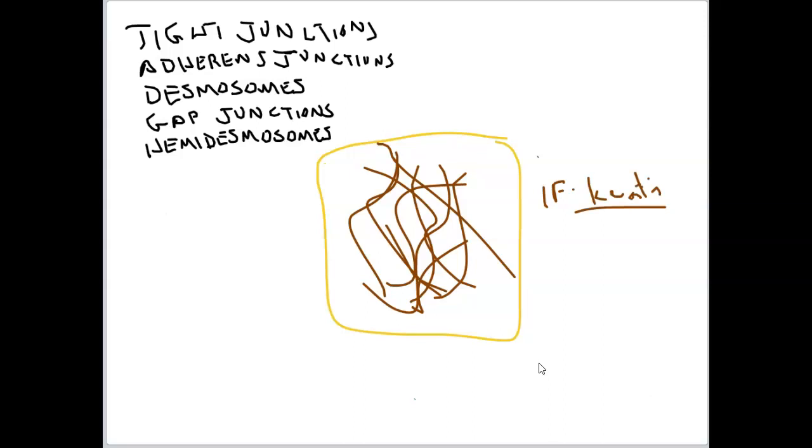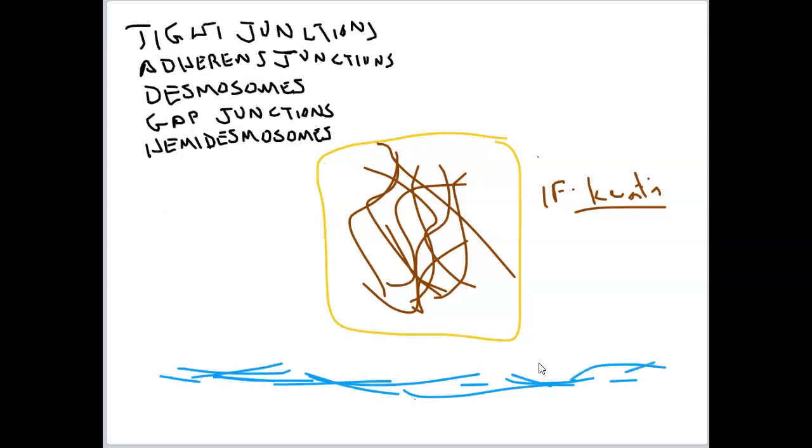But hemi means half. So here the cell is going to only be half connected. As opposed to being connected to other cells on either side, we're only going to have a half connection, and in fact that half connection is not going to be to another cell at all, it's going to be to the extracellular matrix. What do we know adheres to the extracellular matrix?